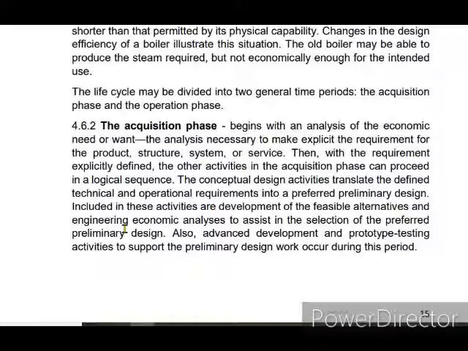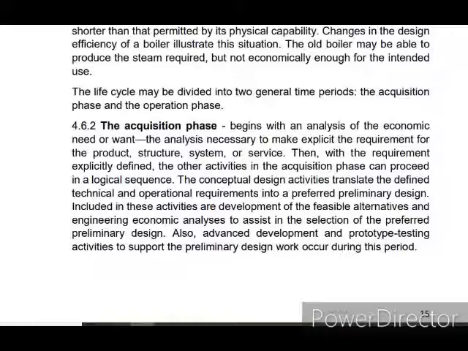So that is the transition from defining the requirement into a preferred preliminary design. Included in these activities are development of the feasible alternatives and engineering economic analysis to assist in the selection of the preferred preliminary design.